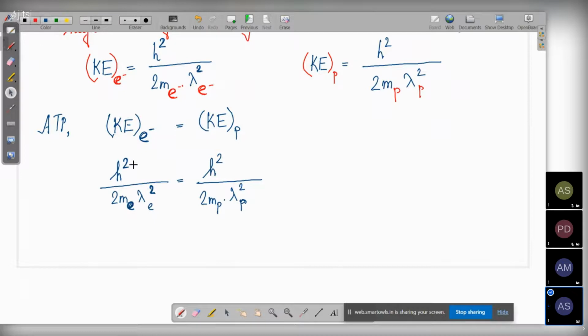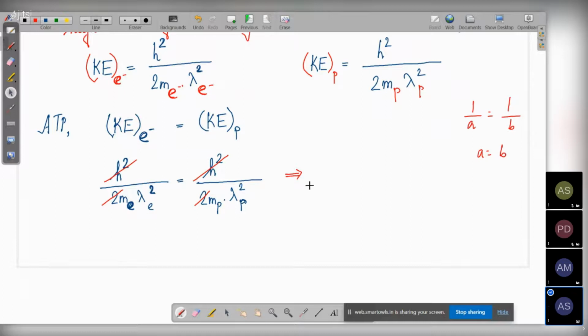h and h will cancel out on both sides. 2 will also cancel out. And they are in the denominator, so let's bring them up in the numerator. If 1 by a is equal to 1 by b, that means a is equal to b. So here also we are applying this concept.